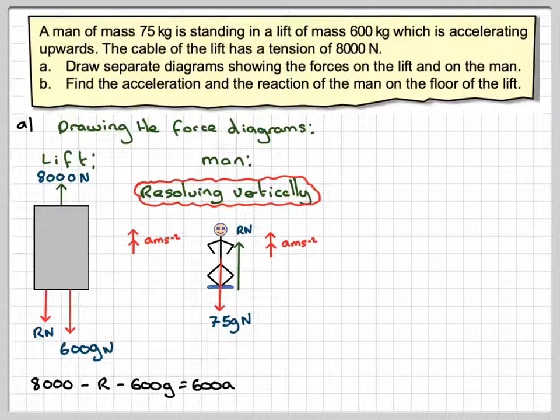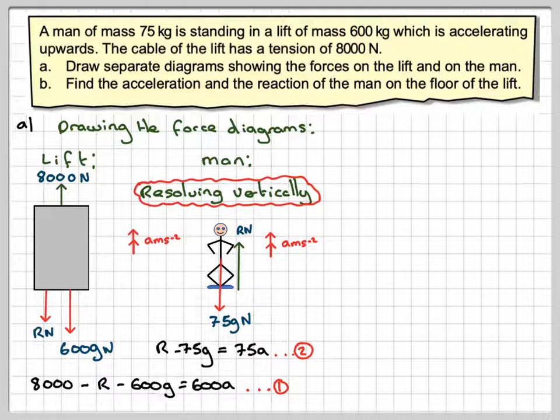For the man, we've got the normal reaction acting upwards, and then we take away his weight, which is 75G newtons, and that's equal to 75A. We call that equation 1, and we call that equation 2.